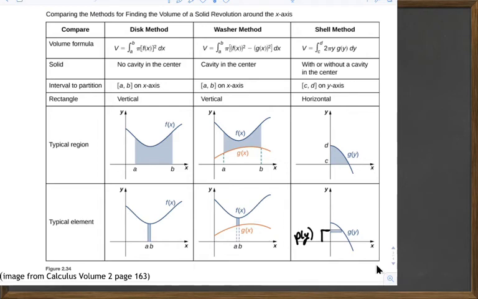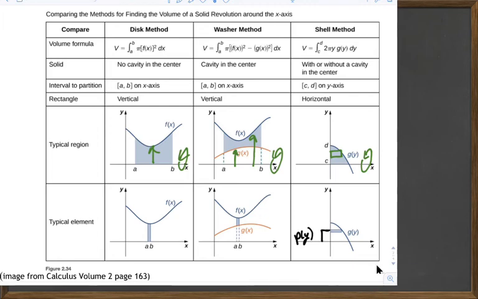Interval of the partition. So both the disk and the washer method, you're going to be perpendicular. So if you draw your radii, they are going to be perpendicular with the axis of revolution for the disk and the washer method. However, the shell method, you're going to be parallel with the axis of revolution.